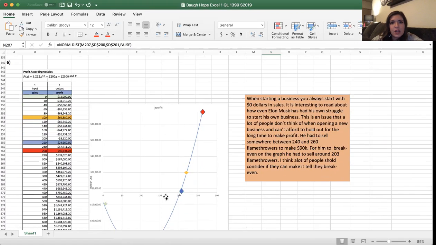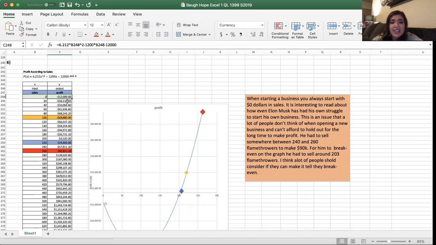And I really think that's why a lot of small businesses go down so fast, because they don't consider that. Even here, you start off before you even sell, and a lot of times your profit is in the negative. Like here, it was negative 12,000. And so a lot of people don't take that into consideration.